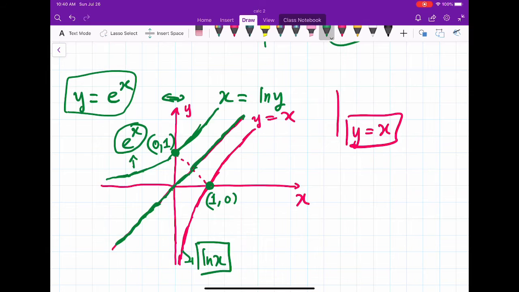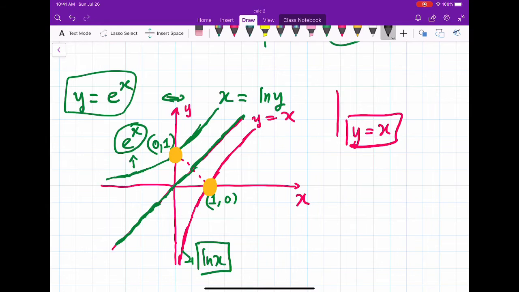When we study a general exponential function or general logarithmic function, those graphs also pass through these two points. Logarithmic functions, the graph passes through this point. Exponential functions have graphs passing through this point. That's it.